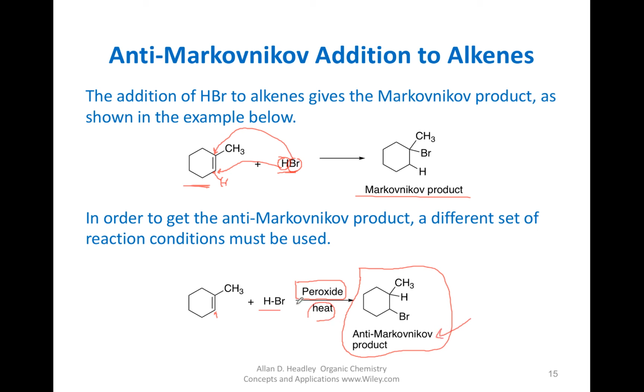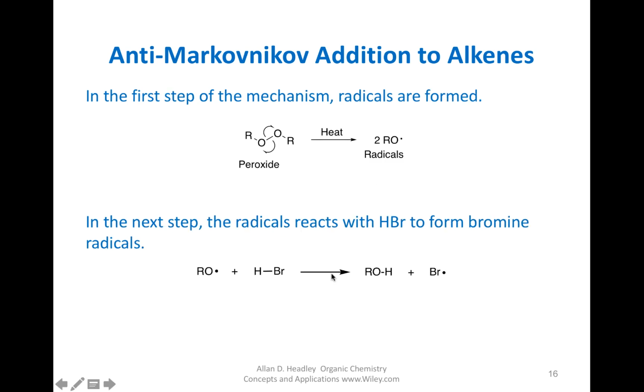So you use the same HBr, but in the presence of peroxide and heat, you will get the anti-Markovnikov product as the major product. Since we're chemists and scientists, we will have to understand why that is formed or how that is formed. So we'll have to look at the mechanism. So let us look at the mechanism.